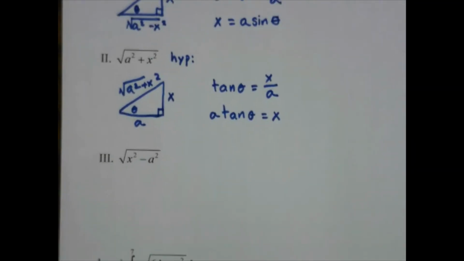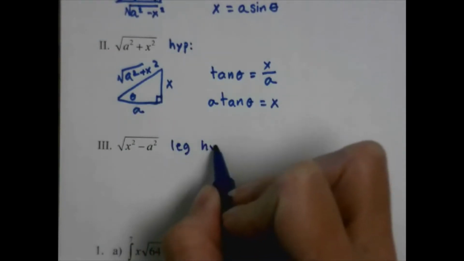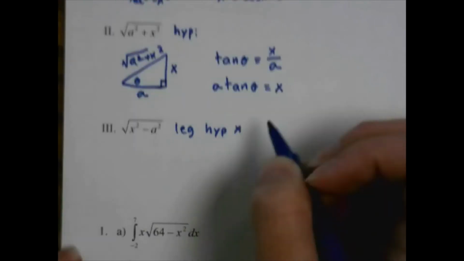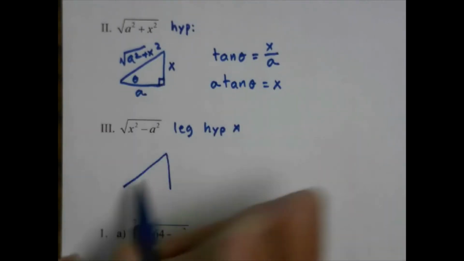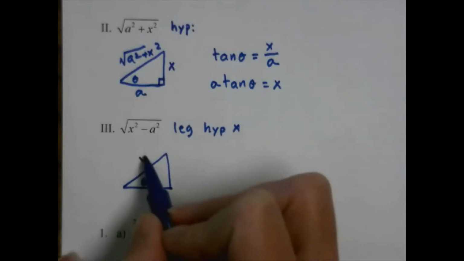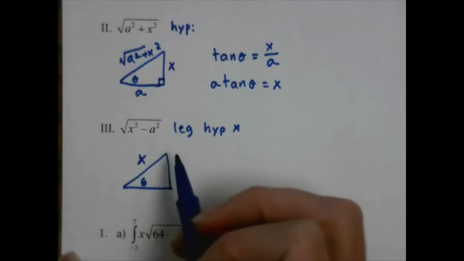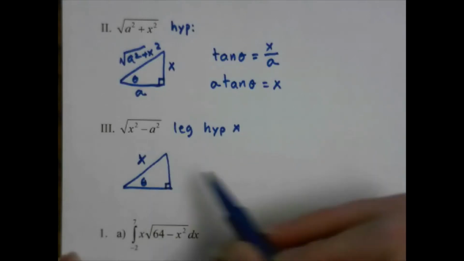Okay, the last one is like the first one but switched. So this is a leg where the hypotenuse is the x. We're trying to get a over x again.